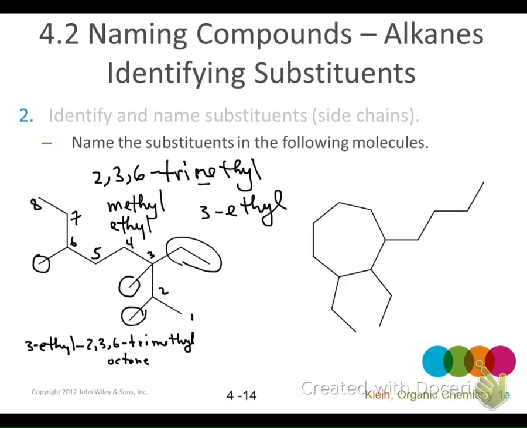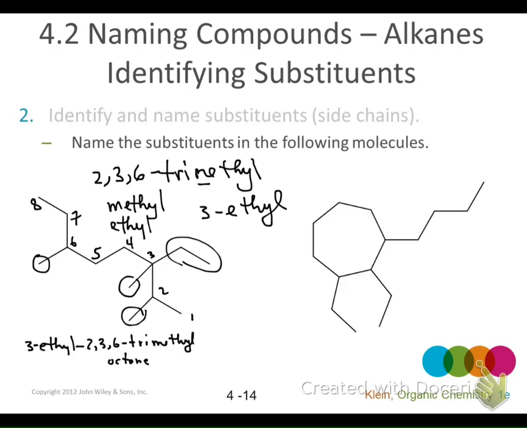So alphabetically, we decided this is 1, 2, 3, 4, right? Butyl. And these are ethyls, right? So what comes first? This is the weird thing about a ring: when you number the parent chain, the first letter comes first.